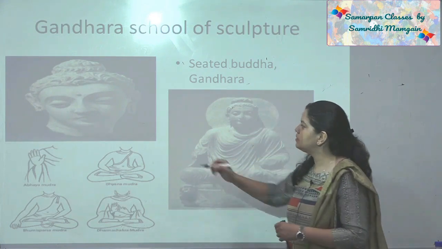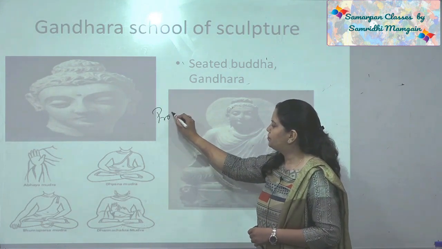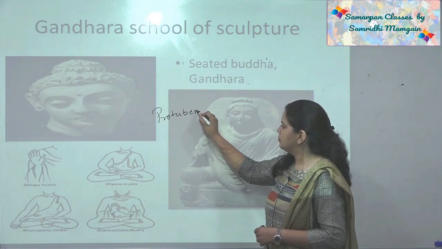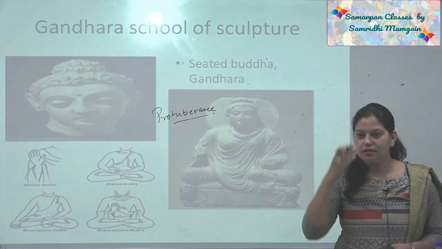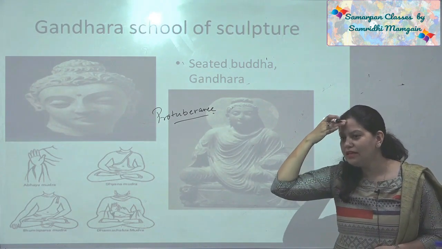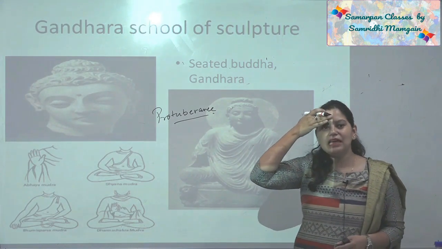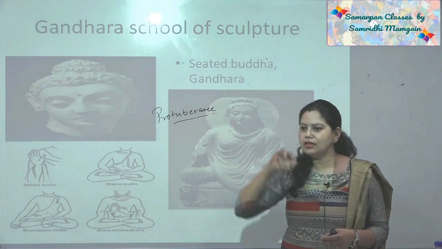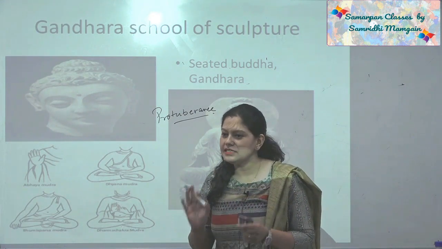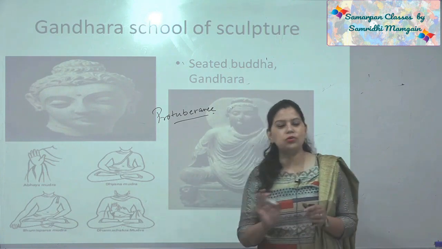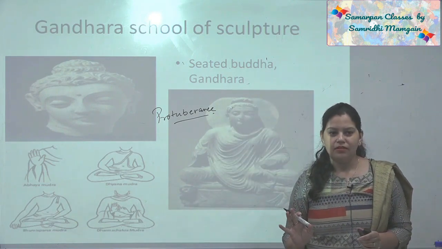What is protuberance? Protuberance means there is a kind of swelling, an elevated forehead, it is shown like this. Why? That means that Buddha is an enlightened one, he knows everything. Fine.